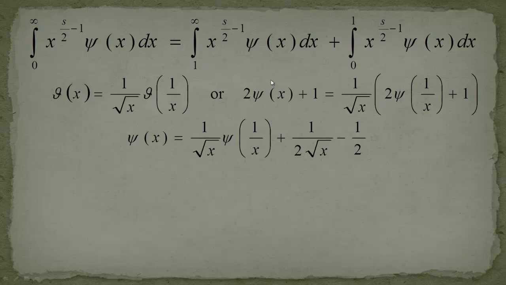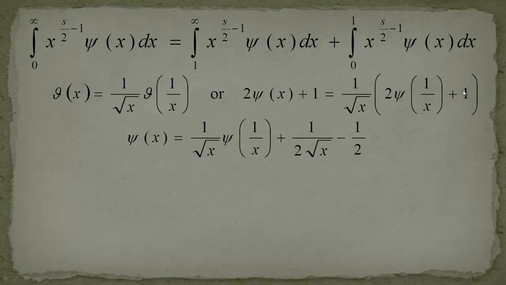Now if we solve for psi of x, which is pretty easy, we bring this plus 1 to the right hand side, we get minus 1 and divide by 2, and we will have this kind of expression. Now you should see 1 over square root of x psi of 1 over x. This is from this part, 1 over x multiplied with 2 psi of 1 over x, and we divide this by 2, so the 2 will cancel.